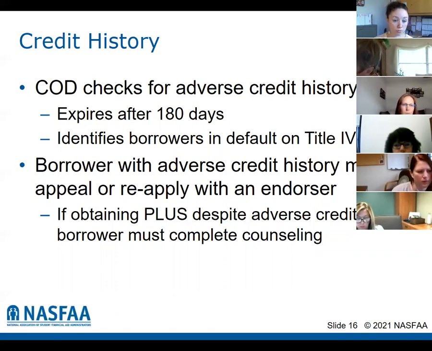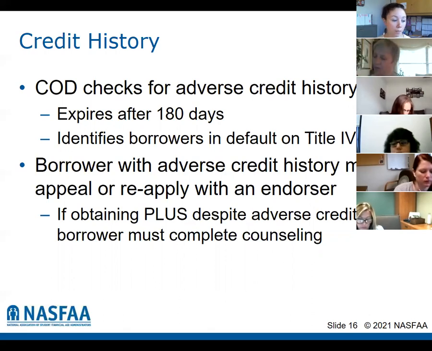I would say most graduate students are approved. Typically, like I already said, they haven't had a chance yet to mess up their credit too severely. So most of the time they don't have any adverse credit history. That credit check is then good for 180 days, which is a pretty long time.